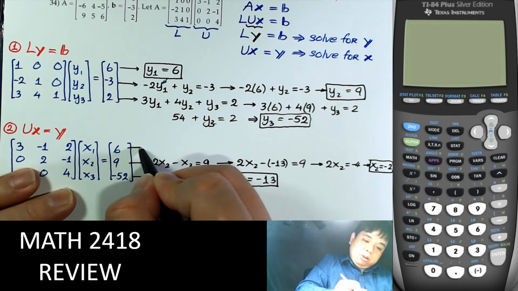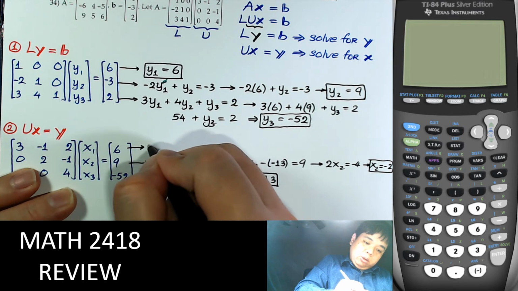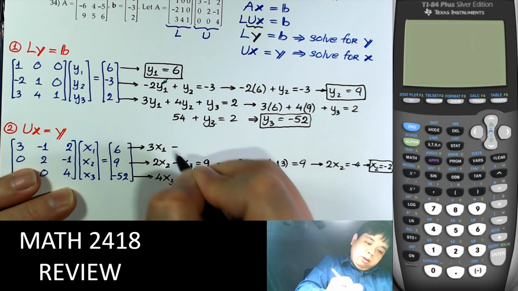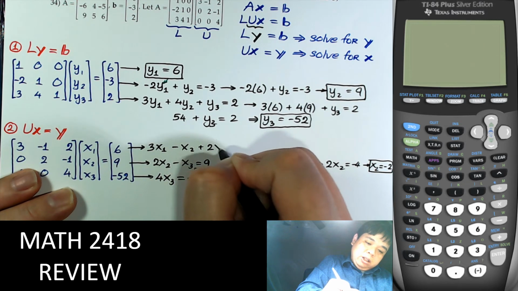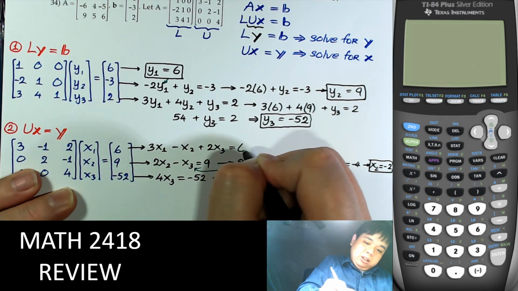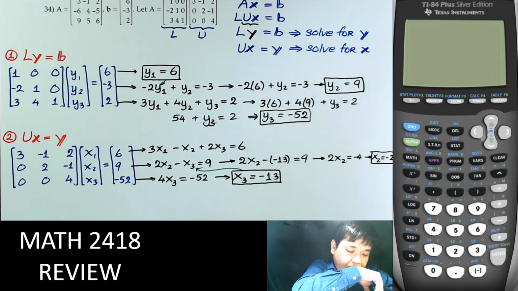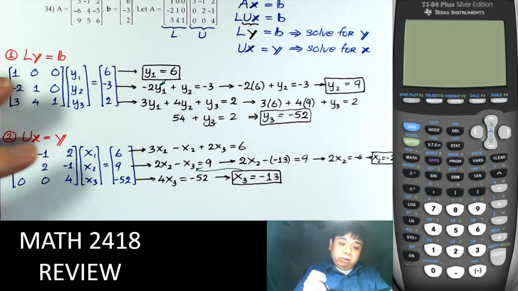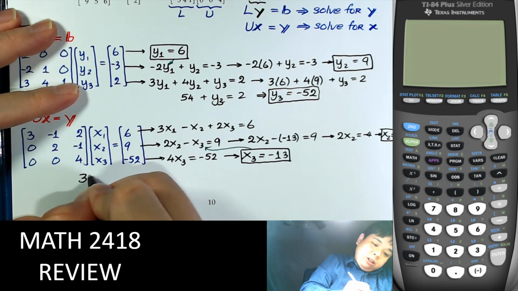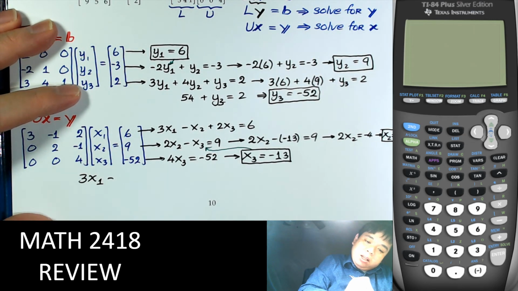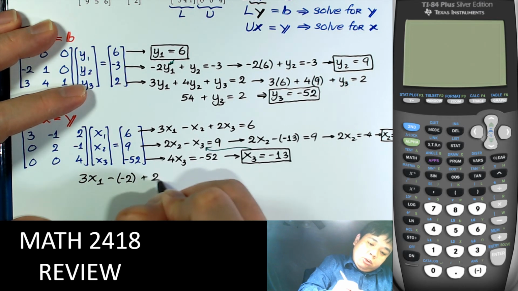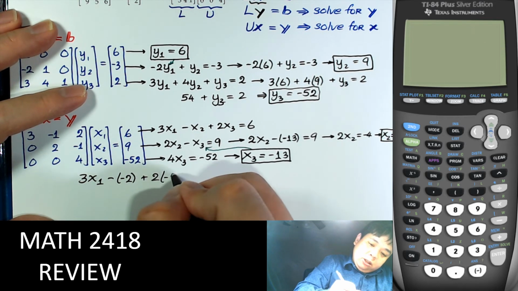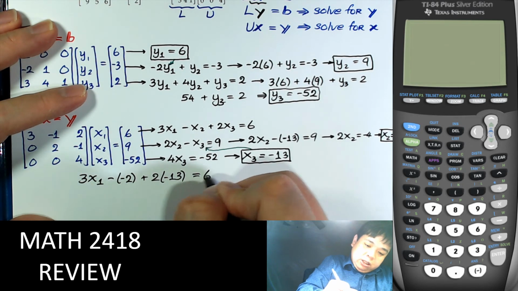And now we have x2 and x3. Now we can substitute into the first equation. 3x1 minus x2 plus 2x3 equal to 6. Right, now just substitute in the values. 3x1 minus x2 plus 2 times x3 equal to 6.